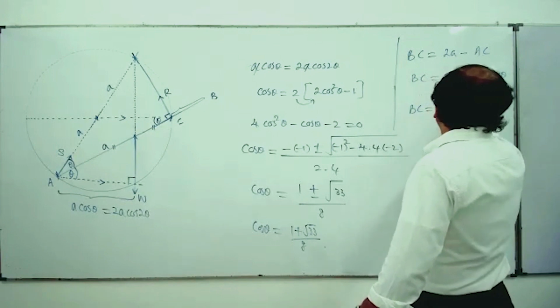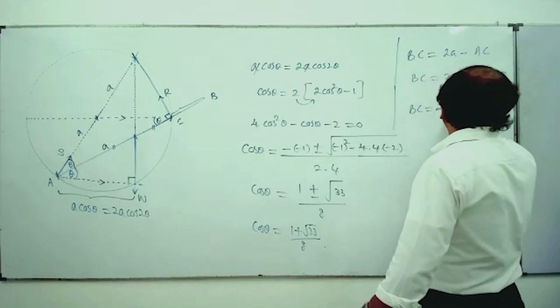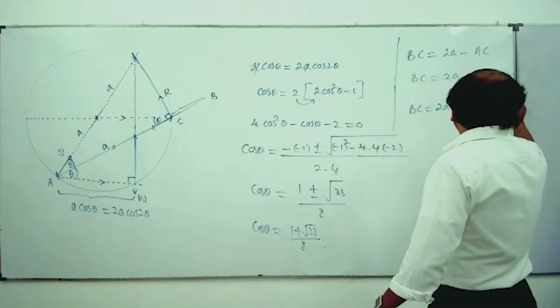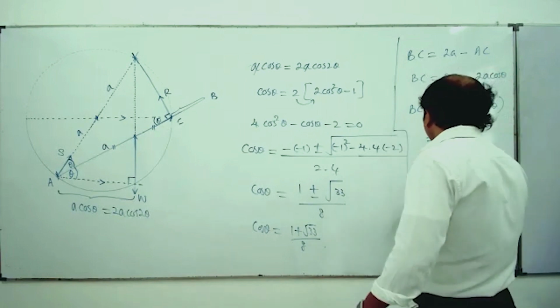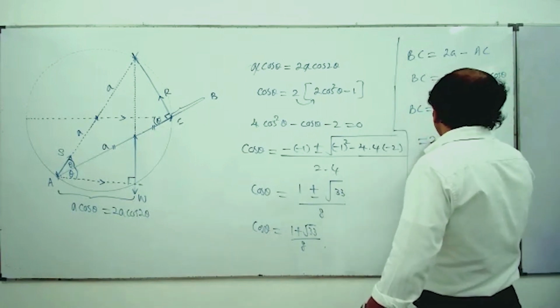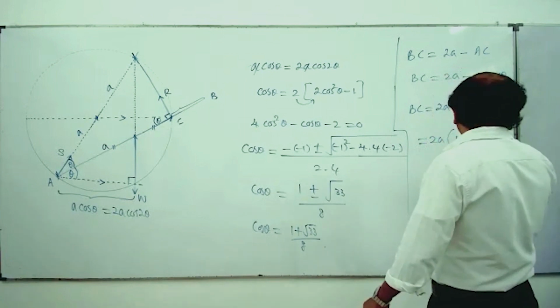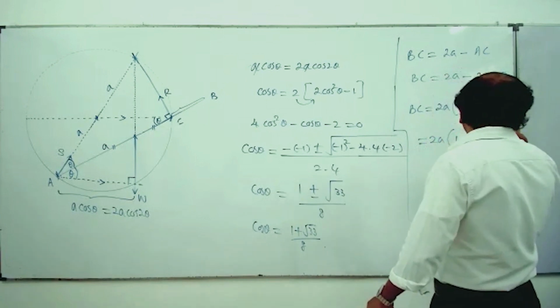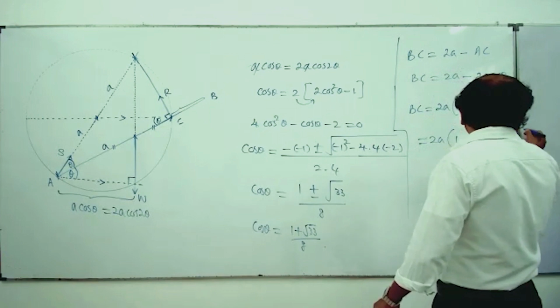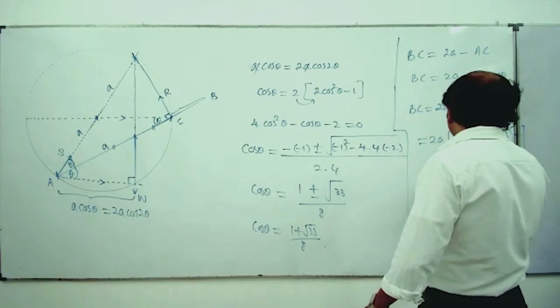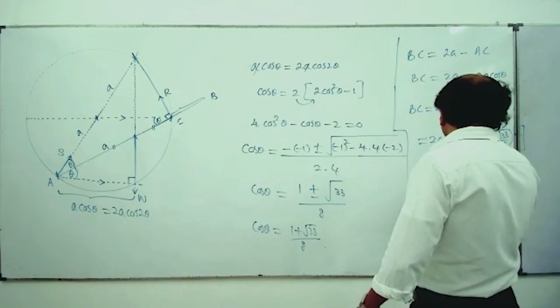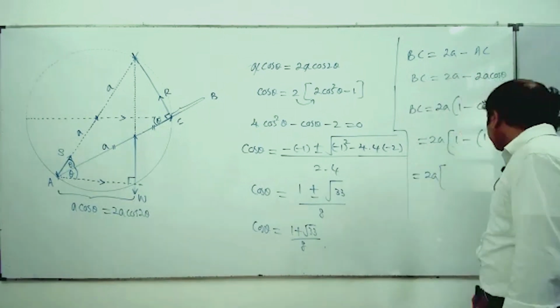BC, bring this 2a out: 1 minus cos theta. 2a times 1 minus cos theta is 1 plus root 33 by 8. Correct, no?